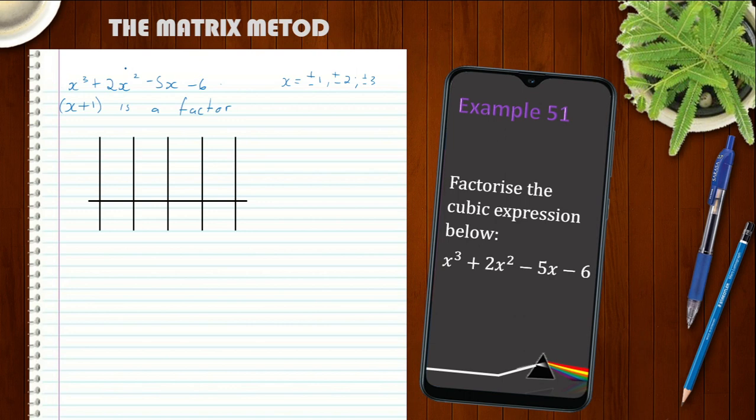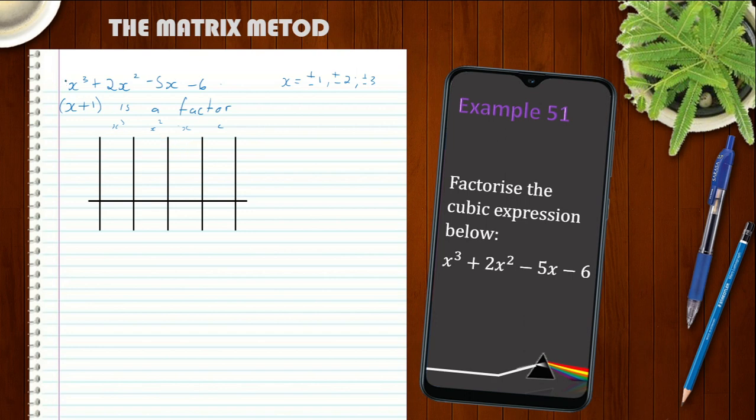And even if one of the coefficients is missing, let's say you had something like just x cubed minus 5x minus 6, this just means that this is a 0. So the coefficient of x cubed comes in here, coefficient of x squared there, coefficient of x, and the constant always goes there. As I said, if one of those terms isn't there, it just means it's a 0 that you will fill in here.